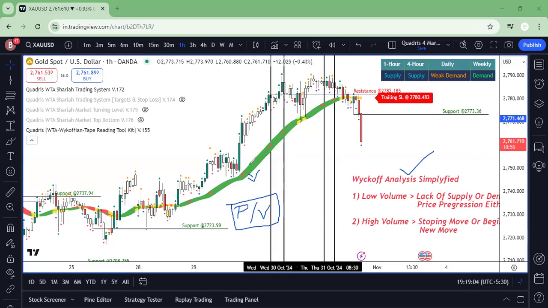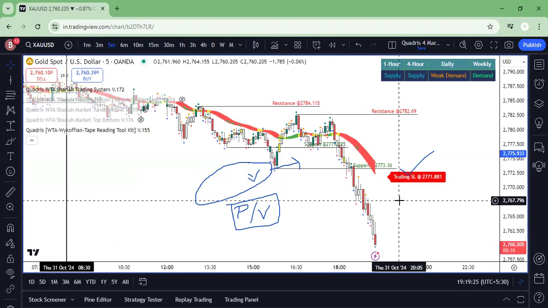I have developed these tools which would simplify the Wyckoff analysis in a very logical and simpler way, so that any person trading on 5 minutes, 10, 15 or 30 minutes would be in a position to trade.